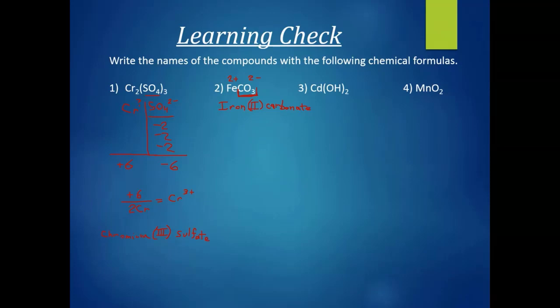Okay, Linda, what do you think? Is it CD2OH? That's cadmium hydroxide? You're saying cadmium 2 hydroxide? Yeah. Well, actually, this is a trick question. You are correct that it's a +2 charge, but cadmium is one of those magic staircase elements.